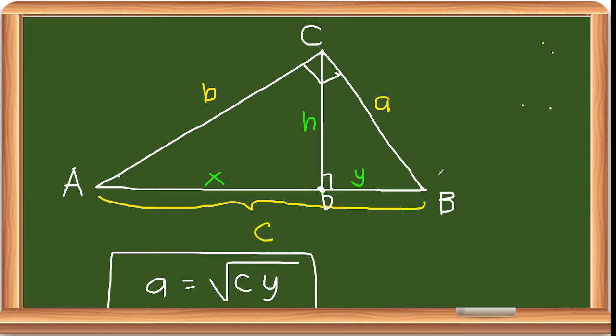So a right triangle is involved here, and when we draw the altitude towards the hypotenuse of the right triangle, we're going to produce similar triangles.